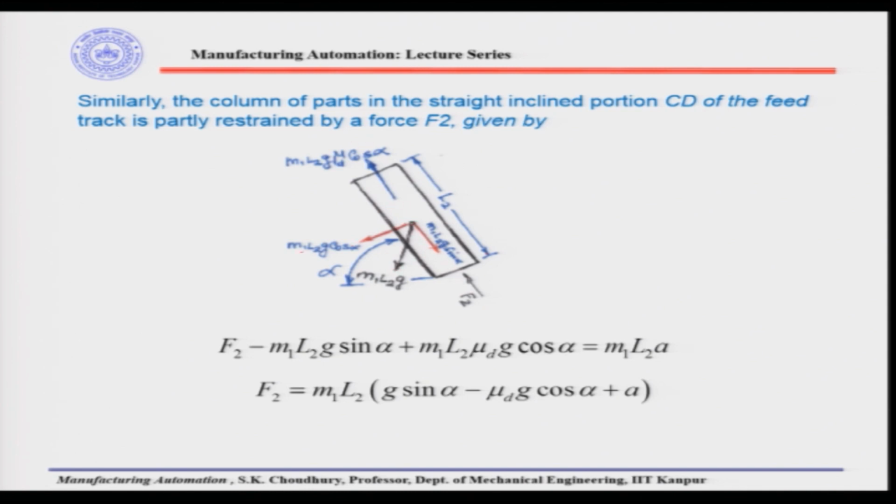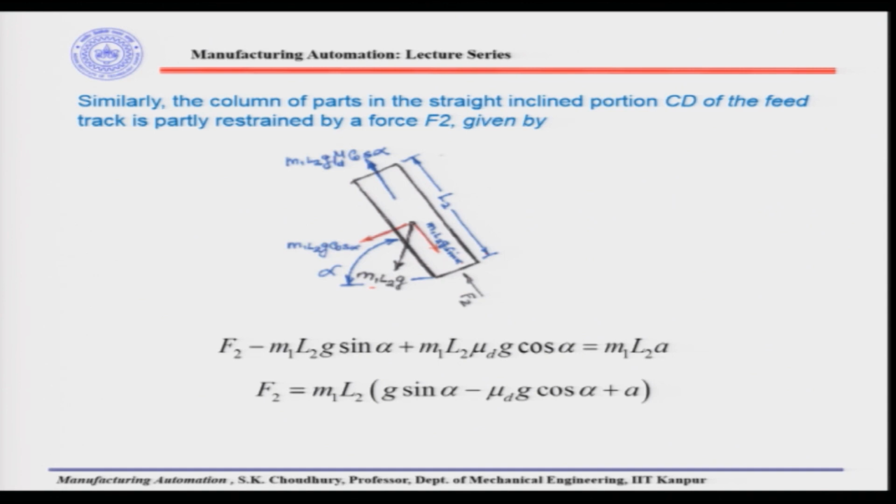So, here it will be M1 L2 G cos alpha, and this force will be M1 L2 G sin alpha. Then there will be a friction force opposite to this, that will be M1 L2 mu d G cos alpha, where mu d is the dynamic coefficient of friction between the part and the feed track.